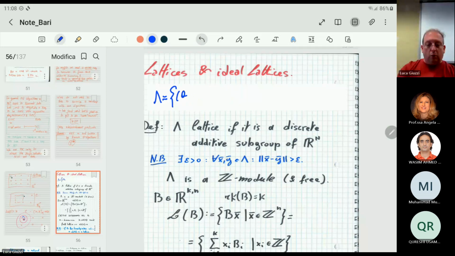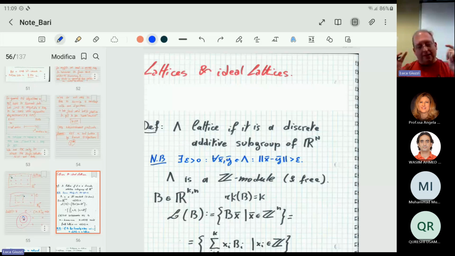And we can show that we can take a basis for our lattice. Given a lattice, there is always at least a basis, just a set of vectors of R^n, which I shall take to be linearly independent.